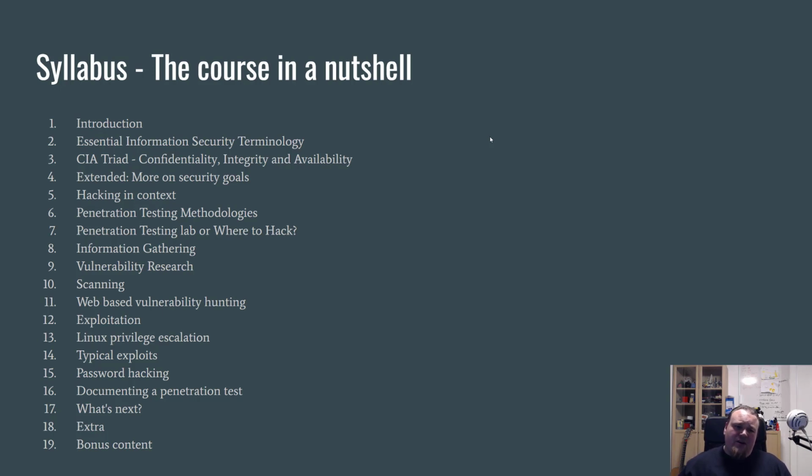Now, the CIA triad is very important to understand: why it is a CIA, confidentiality, integrity, and availability. Of course, there are other kinds of security goals too. So that is why we have an extended talk on security goals, because there are a lot more different security goals we can talk about. Stuff like accountability, for example.